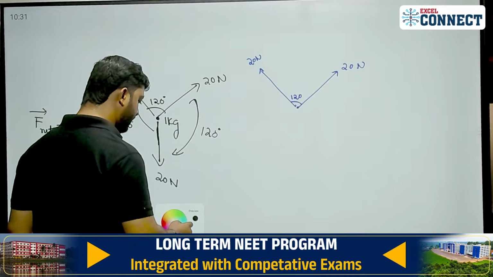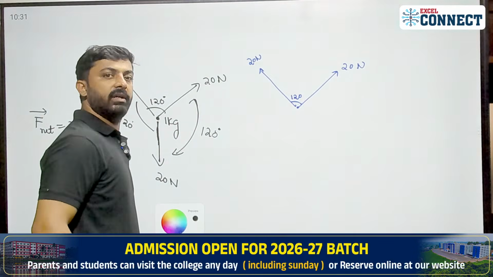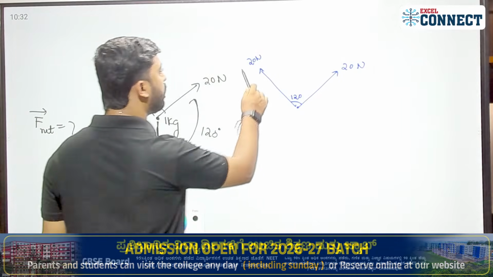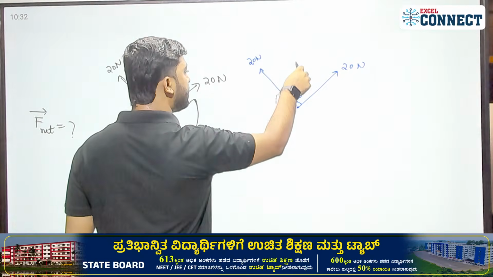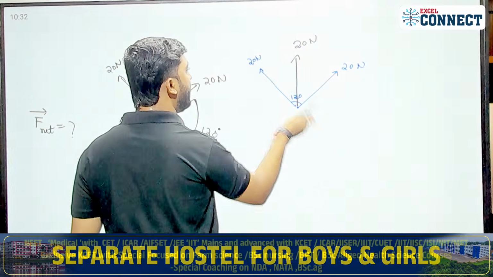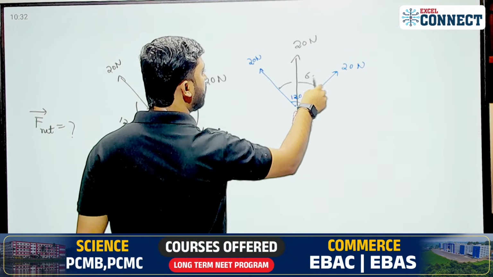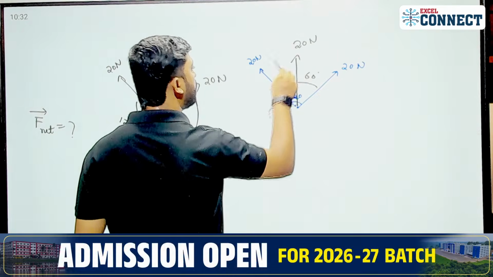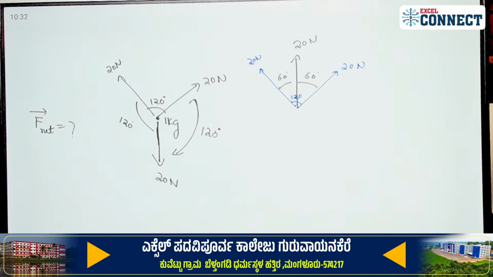I have given you the result. Remember this, when two forces are the same and the angle between two vectors is 120, the resultant will be 20 Newton itself, and it will be between these two vectors. Okay, you have to remember this result.